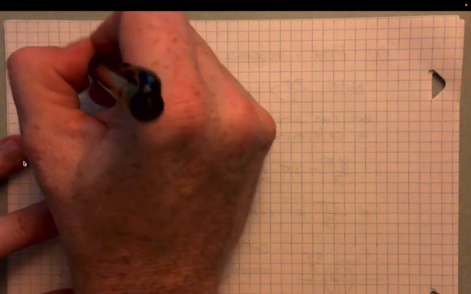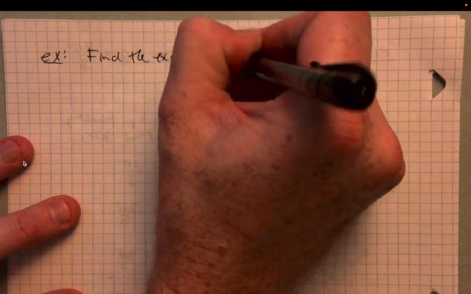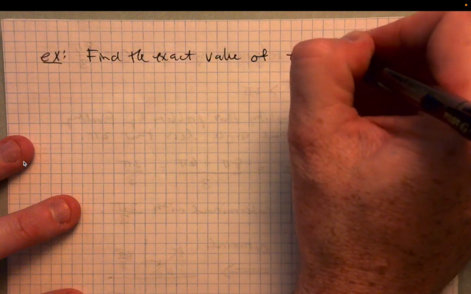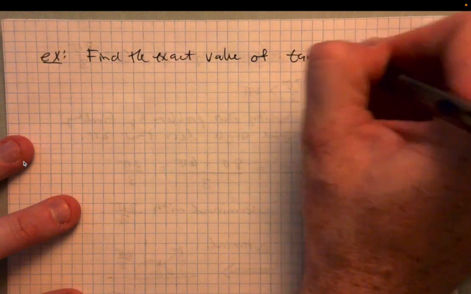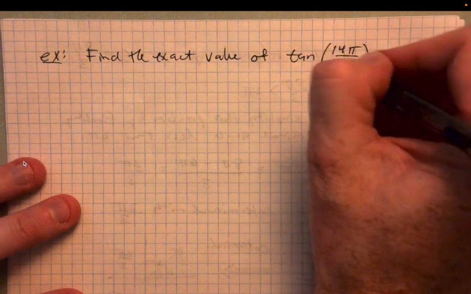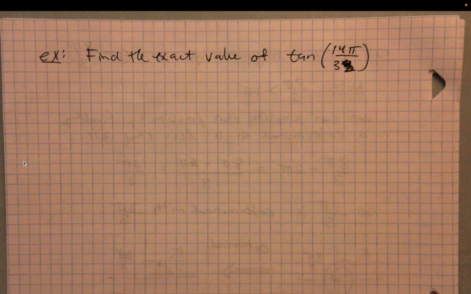All right, so find the exact value of tangent of 14 pi over 3. Now notice that 14 pi over 3 is not an angle that we have an exact value for.